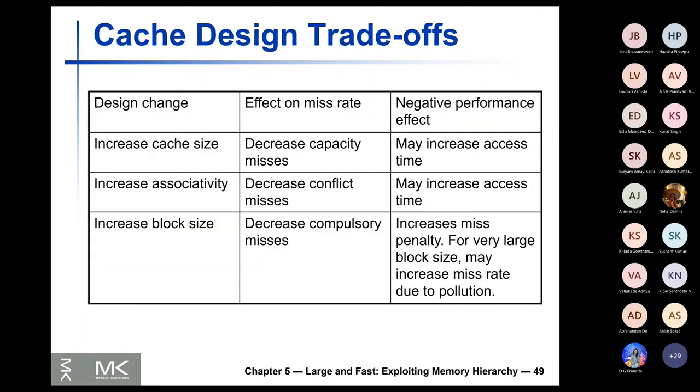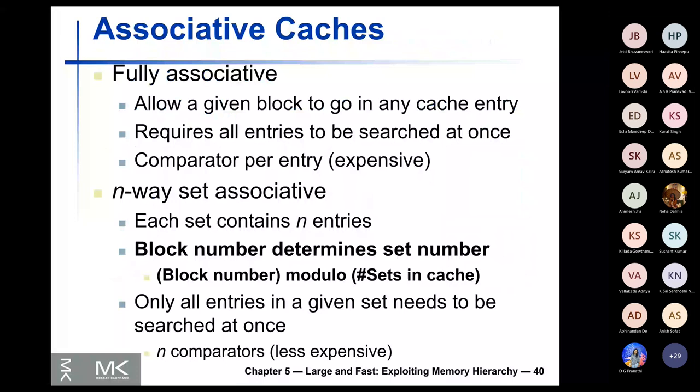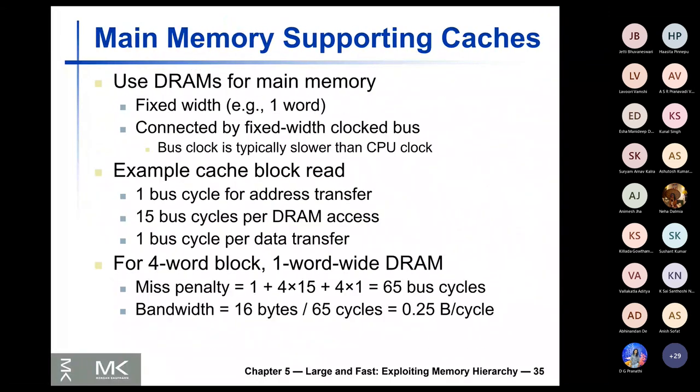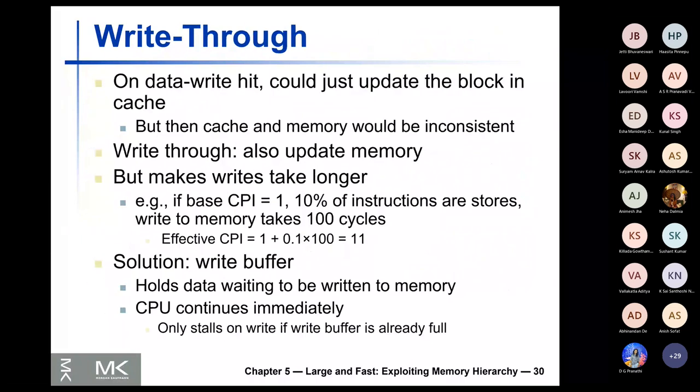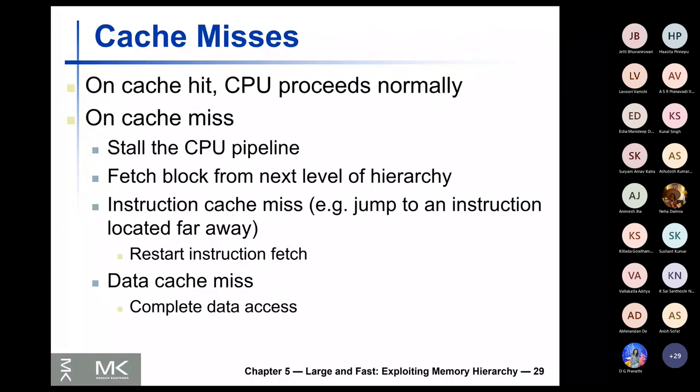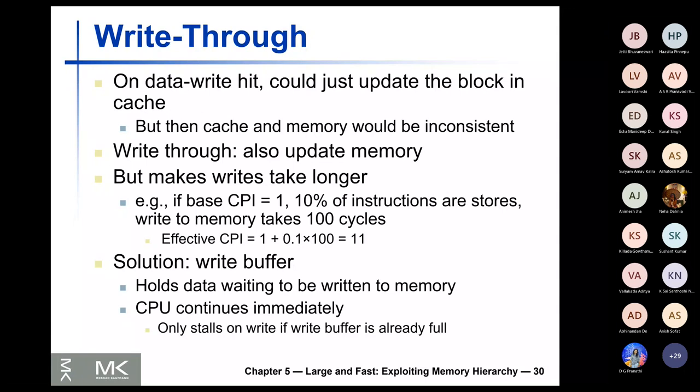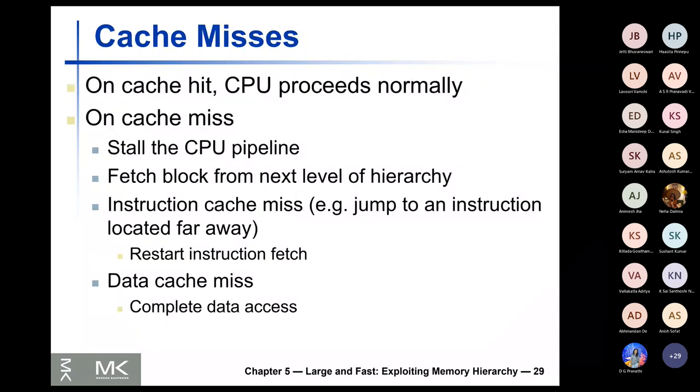Now we will go to virtual memory. Before that, let us touch upon something that happens on write misses. Till now, the way I have described the cache, I have described everything as if a search for a piece of information is happening in the cache, whether it is there or not.